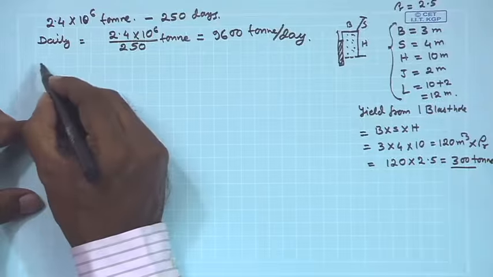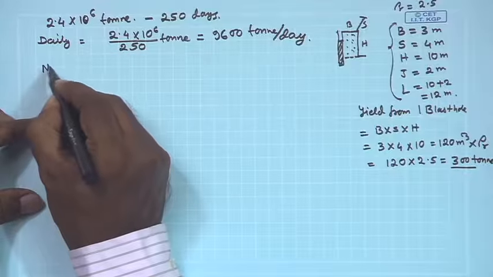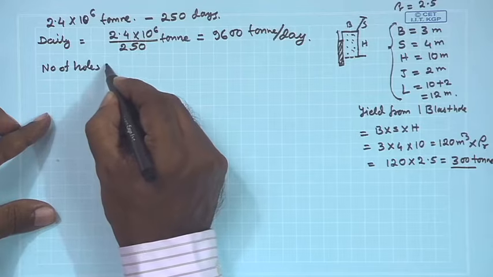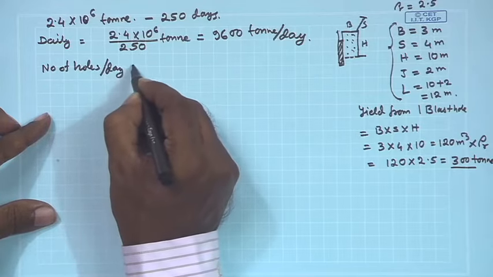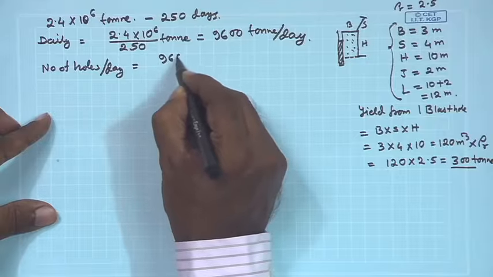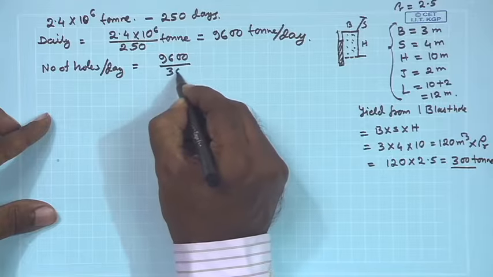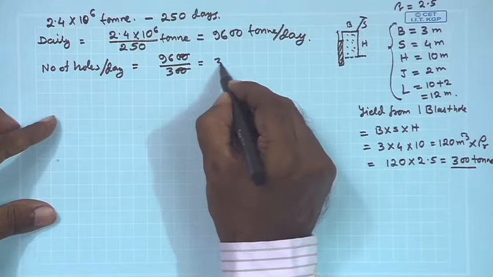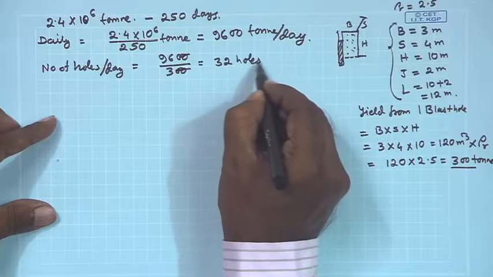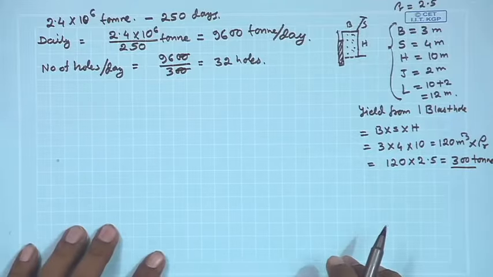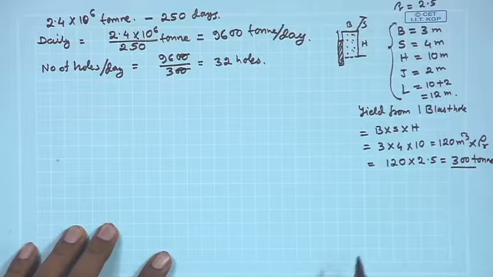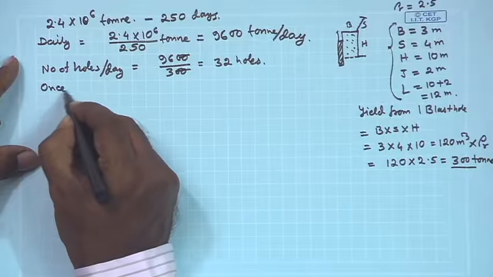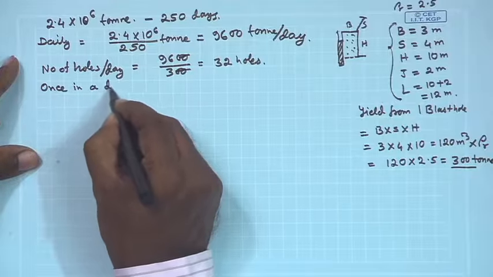So, let us find out how many number of holes we need to blast. Required per day to blast is 9600 divided by 300, that is 32 holes. Now, you recall that in our problem it is given that we need to blast once in a day.